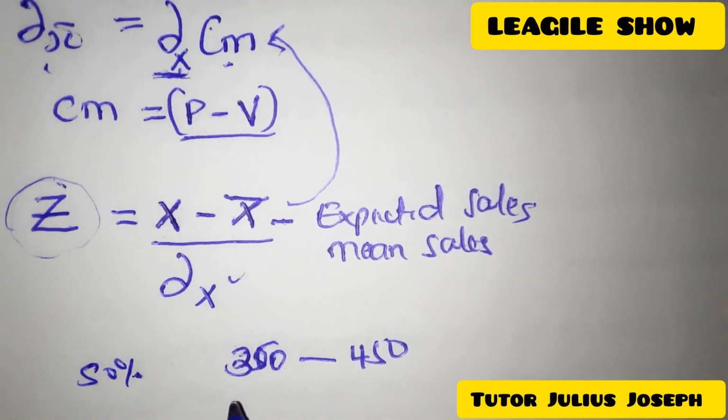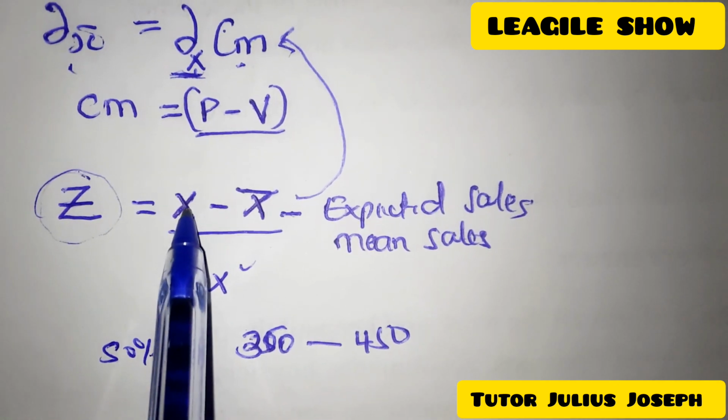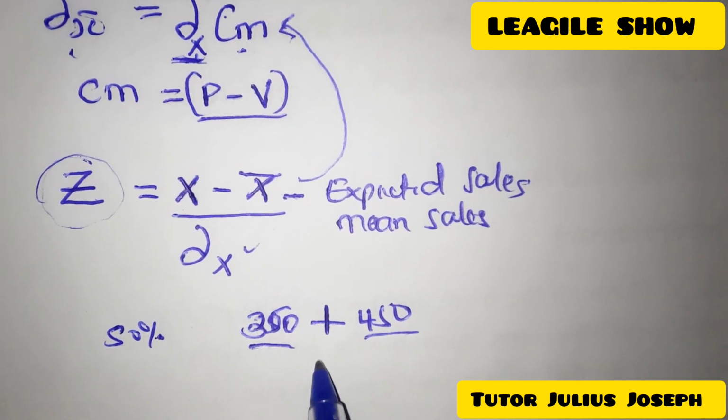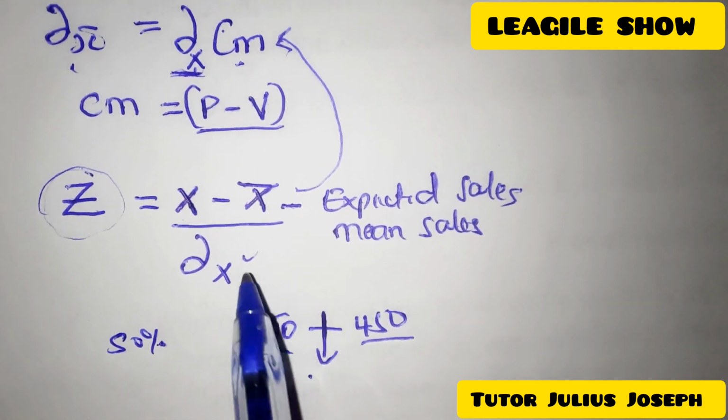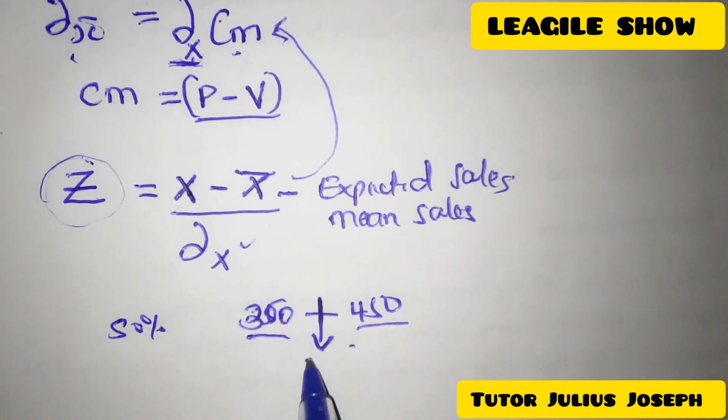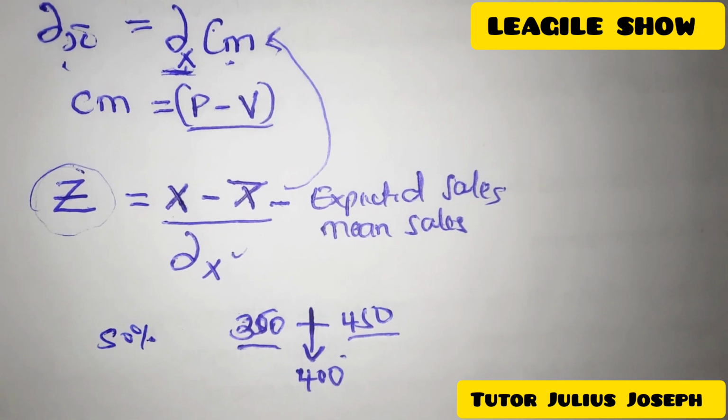Then in this case, the value for X bar will be the mean or the midpoint of these two values. For example, in this case, the midpoint between these two will be 400.